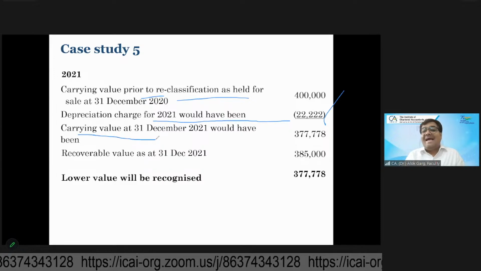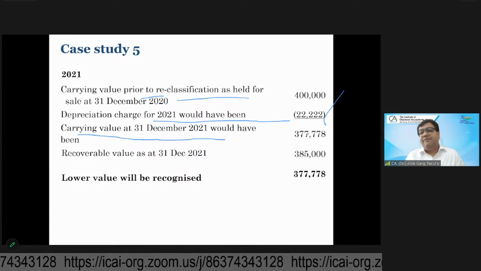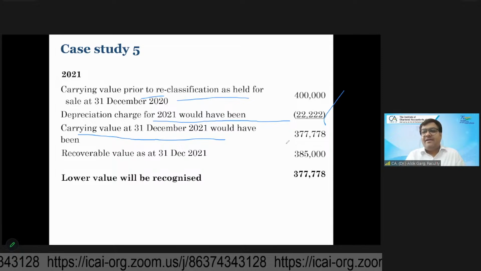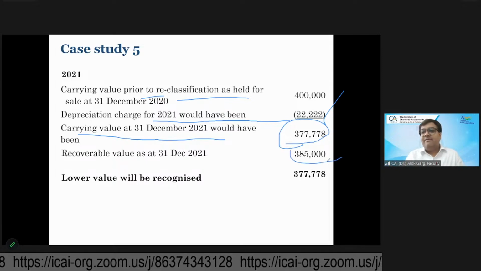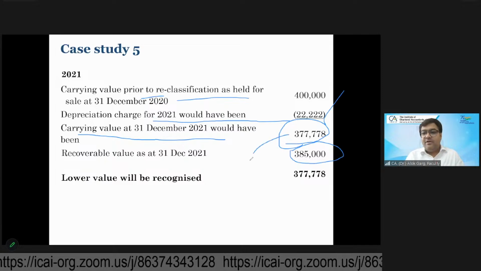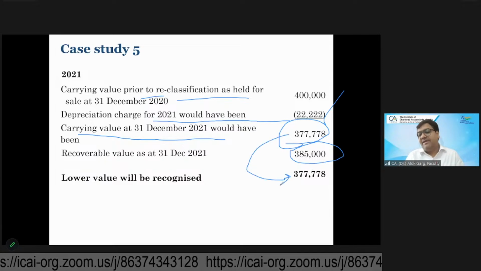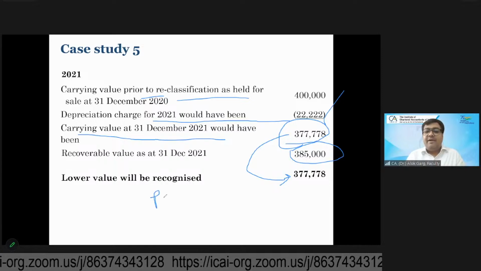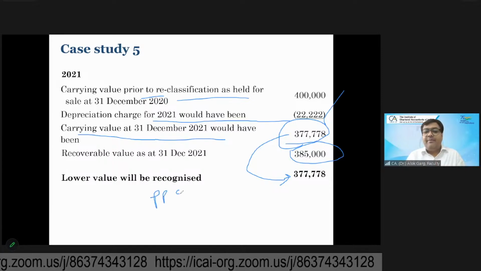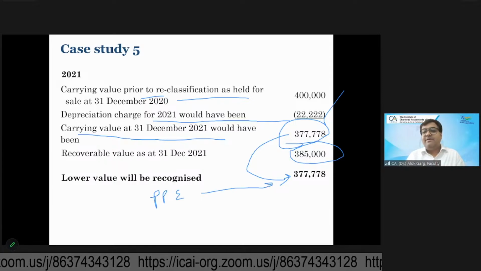Now, the carrying value which would have been on 31st December 21, had this asset never been classified as held for sale, is 377,778. Recoverable value is given in the question. What is lower? The lower is 377,778. What is the accounting entry? PPE account debit by 377,778.